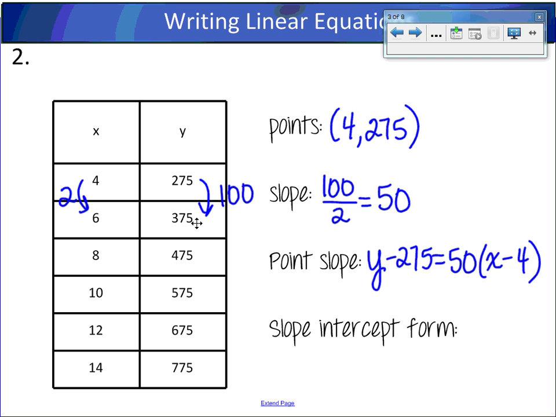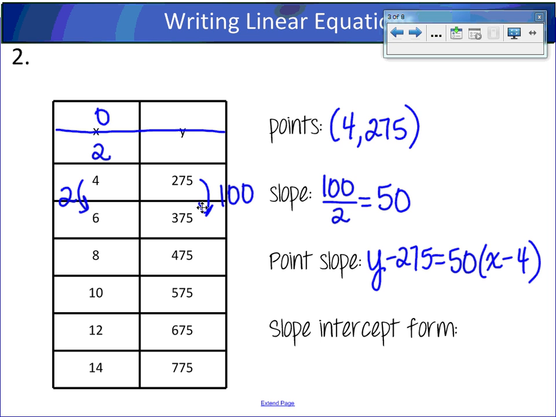Okay, so this one isn't as nice. It does not have the x equaling 0. So I could do two things. I could go backwards by filling in my table, which actually might be the easiest. Or, like I showed you in the video from equations from graphs, I could distribute in order to find the y-intercept, or I could plug in my point and my slope.